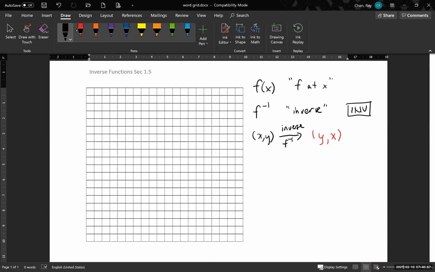Let me give you a specific example. Let's just say we have this critical point, 2 comma negative 3, and let's just say we want to find its inverse. It's really easy, but if you want to pause the video to try to answer it yourself, go right ahead. And I think a lot of you understand the answer is negative 3 comma 2. It's that easy.